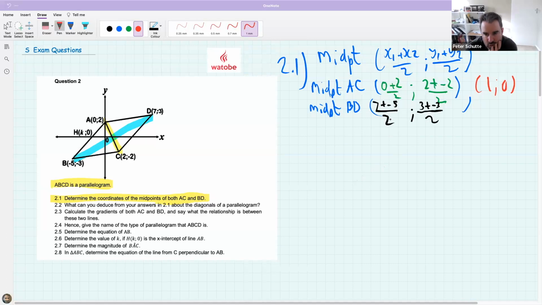So that's 2 of 2s I get. So what I'm seeing is that the midpoints are actually the same point. So the midpoint is 1, 0. So X is 1, Y is 0. So they're saying the midpoint is there.